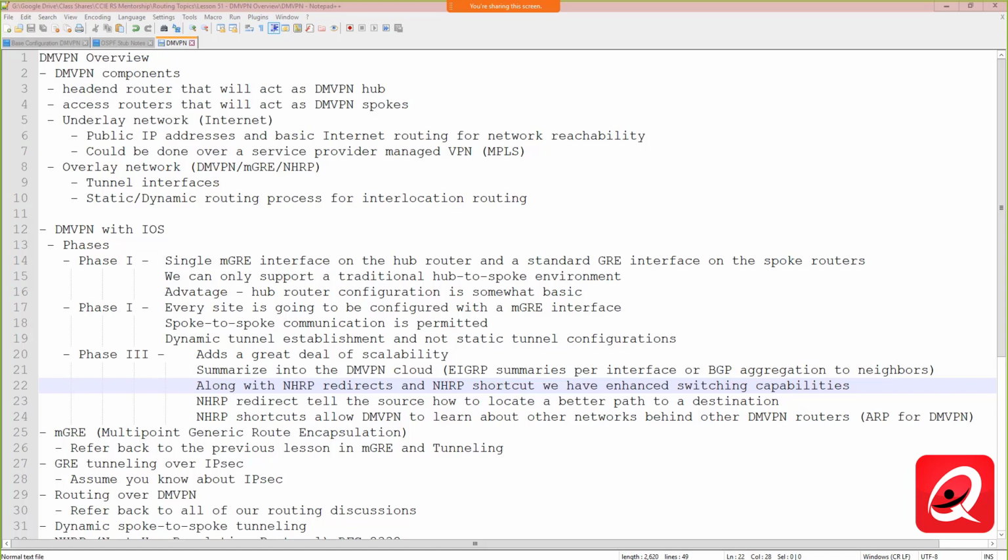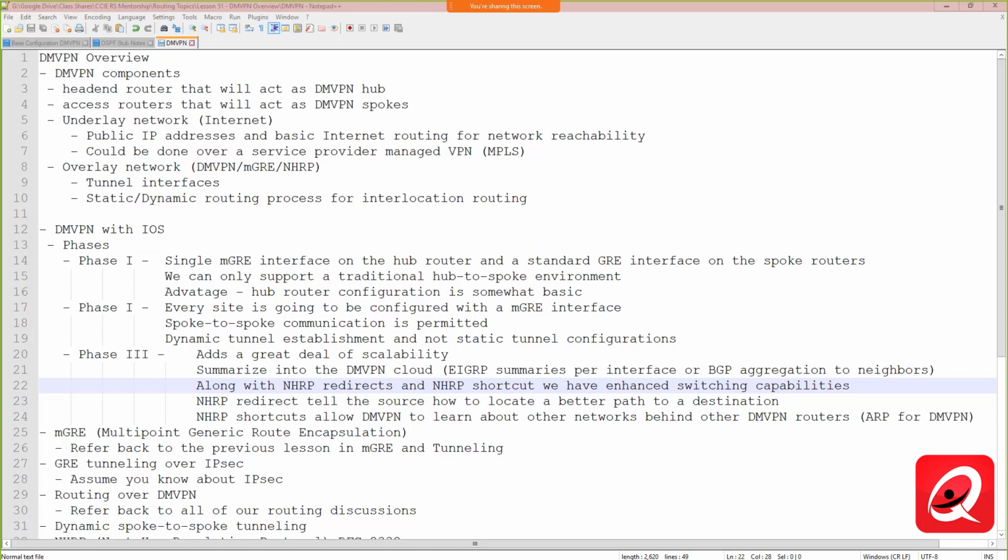So how does DMVPN work? Again, I would encourage you to go back and take a look at our original introductory video, because I got into a whole lot of detail on that topic. But we're going to rehash some of those basic concepts here as a precursor to our implementation. DMVPN allows essentially a full mesh of tunnels. It's a very simple templated configuration that we can apply on all the routers except for one.